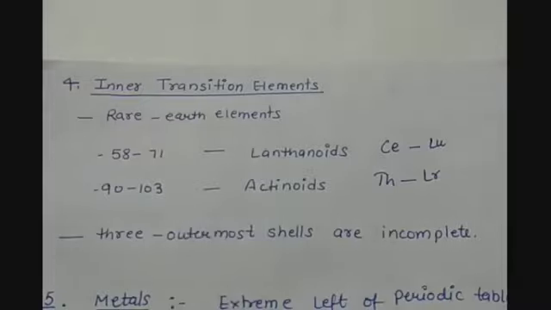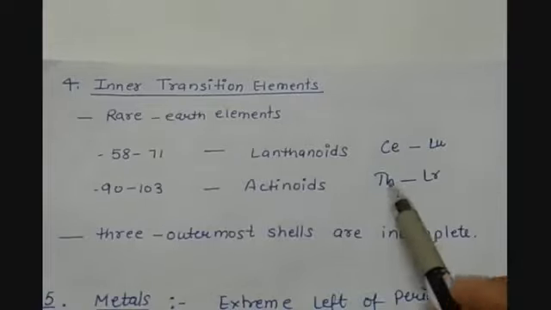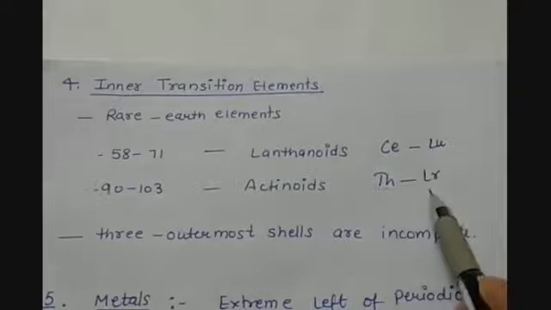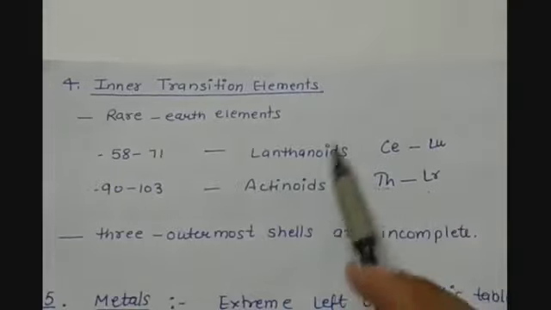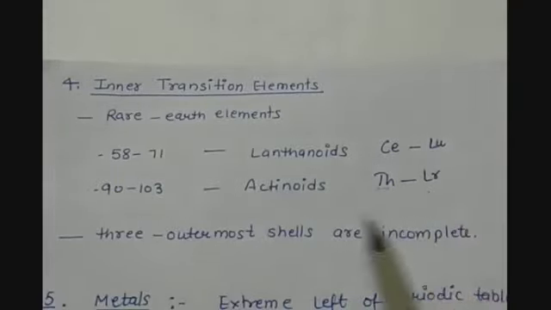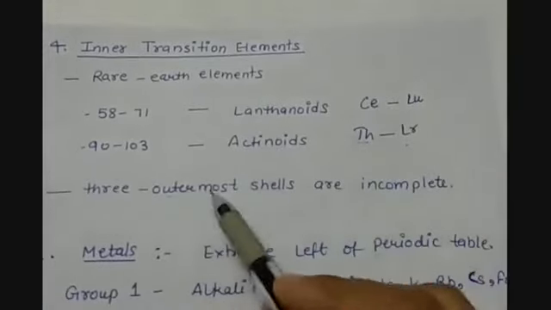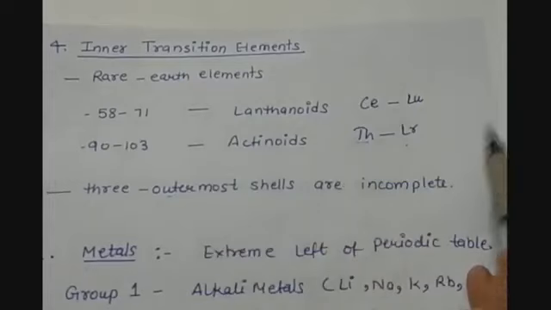And that is why they were also taken in a different series, separated from the modern periodic table and placed below the periodic table. And the elements are from thorium to lawrencium. And what is interesting about the inner transition elements? That 3 outermost shells are incomplete.